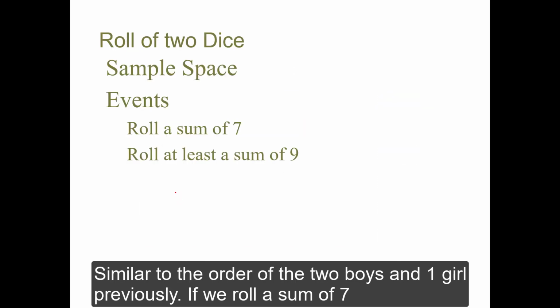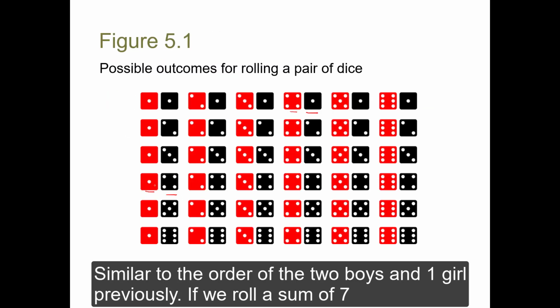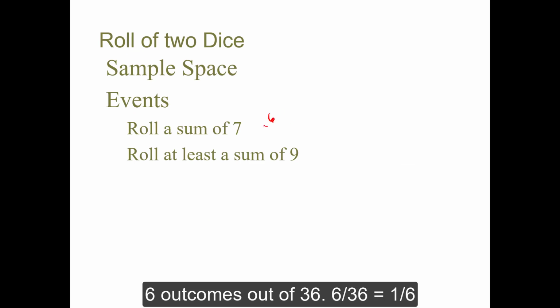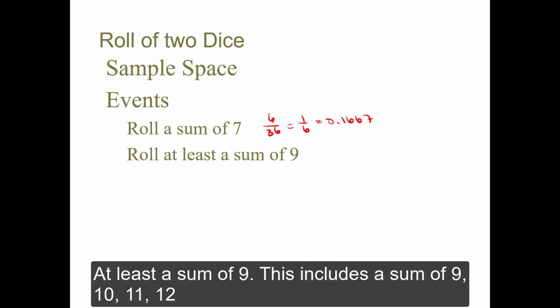All right, if we roll a sum of 7, there's 7, 7, 7, 7, 7, 7. So there's 1, 2, 3, 4, 5, 6 values out of 36. So 6 out of 36, which is 1/6, and that equals 0.1667.